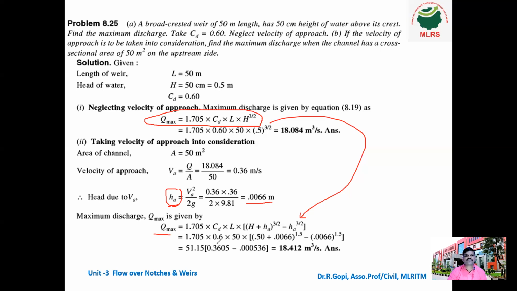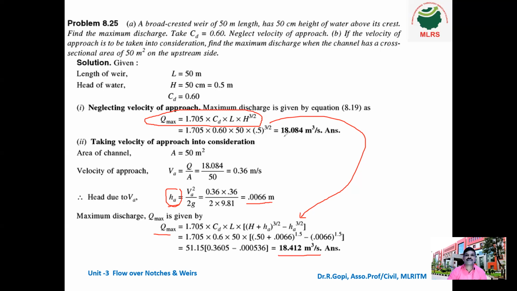So 1.705 into CD, 0.6, into length 50, and H 0.5 plus HA 0.0066, to the power 3 by 2, minus 0.0066 power 3 by 2. Finally we got an answer of 18.412 meter cube per second. So this is the answer for the question.